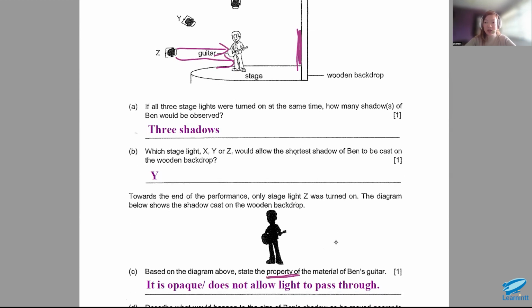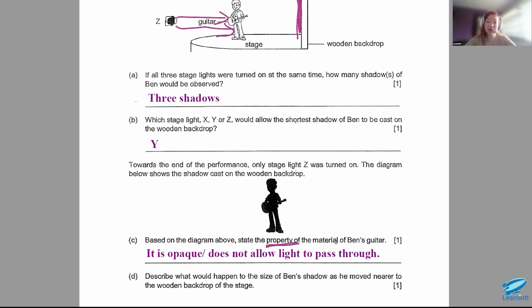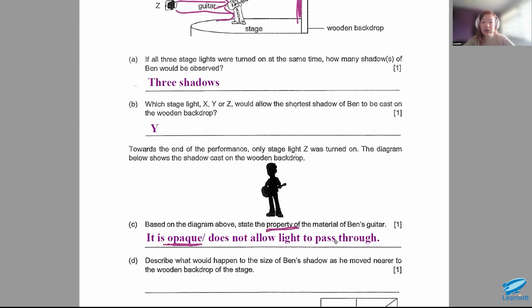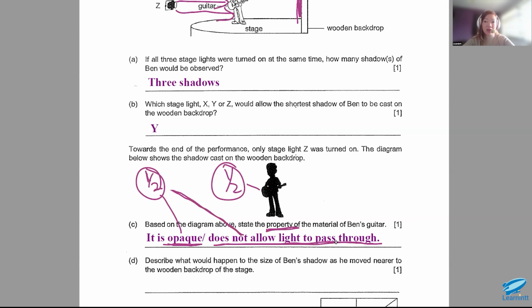It has to be opaque because it can cast a shadow. So you just tell me it is either opaque or does not allow light to pass through. The figuring out part is half a mark because you know that it has to be opaque. Writing out the correct spelling of it, another half mark. Of course, in the exam, if you do not know how to spell opaque, which you should know, I'm so sorry, you can write does not allow light to pass through. That's another way to survive the question.